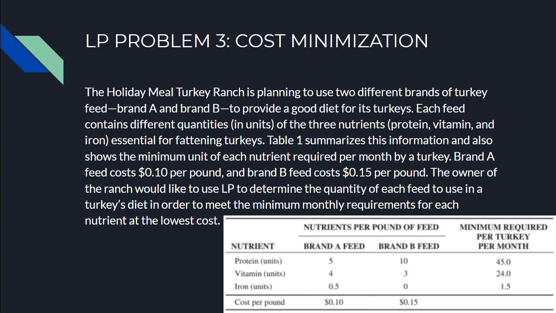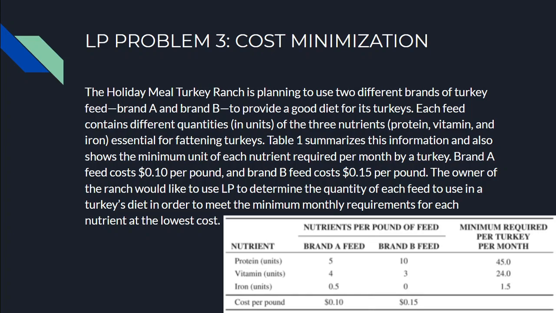Right? So, gustong malaman ng ating owner ng ranch, ilang pounds ng brand A ang ipapakain sa ating turkey at ilan naman yung brand B, so that we can meet the minimum requirements.